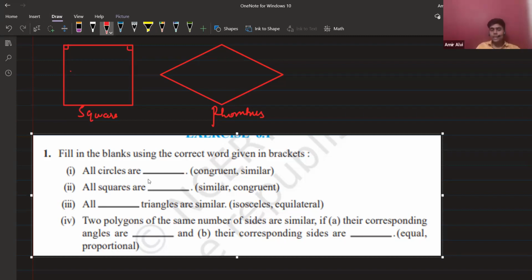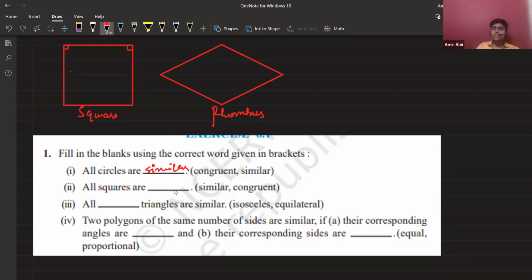If the radius and everything is equal, are they congruent or similar? Congruent. Congruency means everything is equal. Yes or no? Yes. So I'm writing similar here. Clear, Adil?